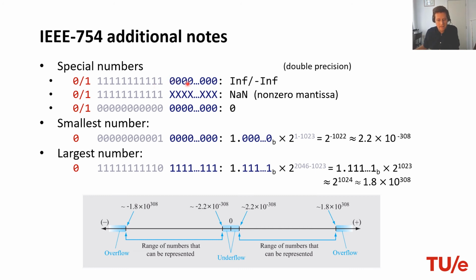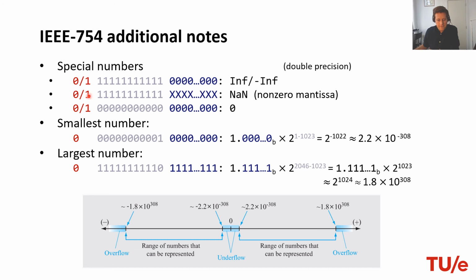The mantissa is equal to 0. Then we get plus or minus infinity, depending on whether the sign is a 0 or a 1. If it's a 0, it's plus infinity. If it's a 1, then the computer reads this not as a very large number, but as minus infinity.